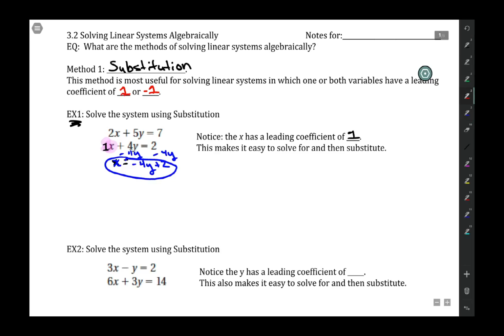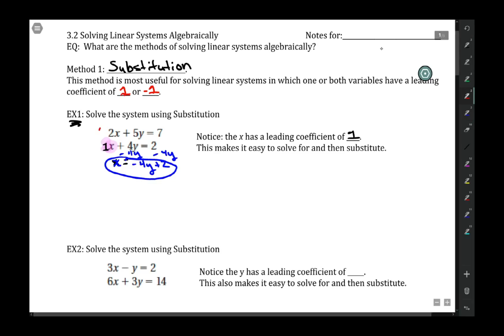So we're going to take our other equation now, 2x plus 1. And keep in mind, we just found that x. So I'm going to show you with the different colors essentially what we're doing. Okay, we found x. So that means we can substitute it.